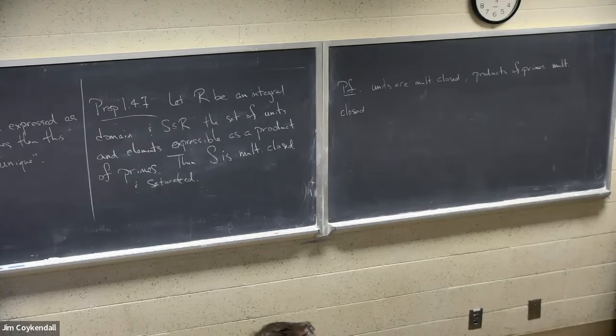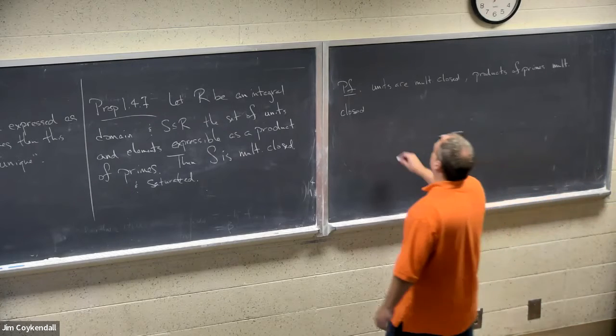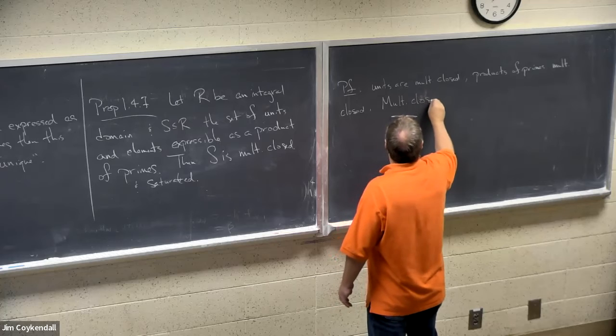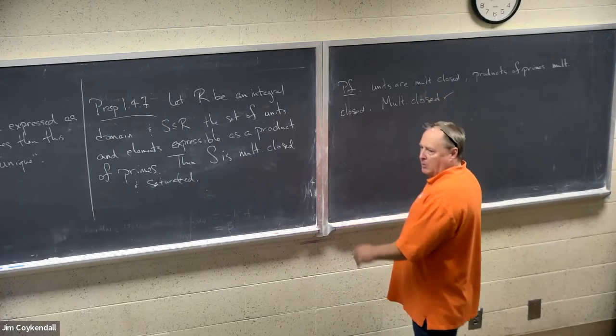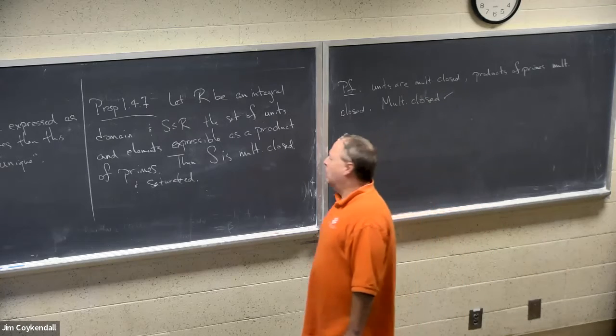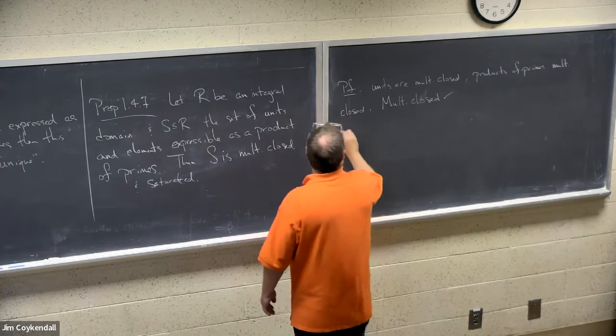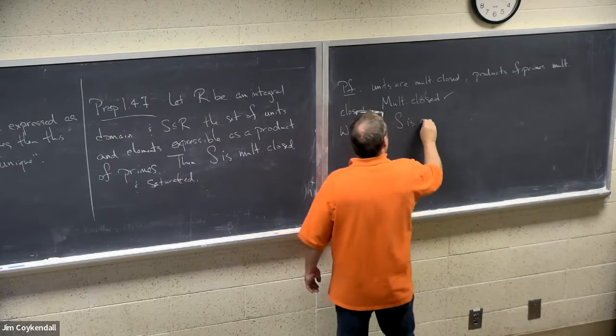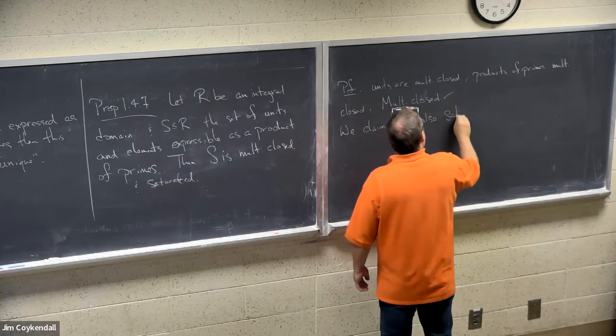So we got that covered. If I multiply a unit times a product of primes, it's still a product of primes. So the set is multiply closed. What I want to do is show it's also saturated.